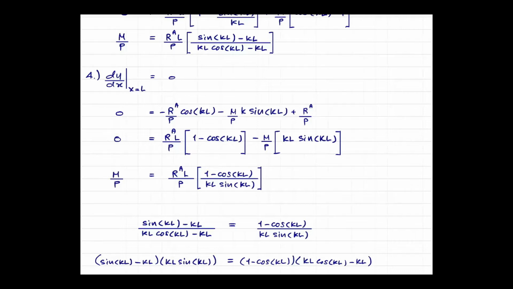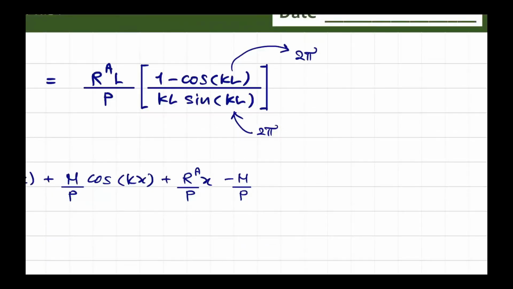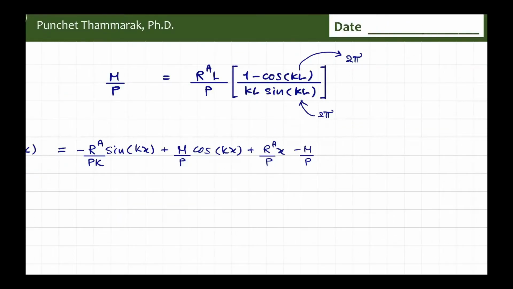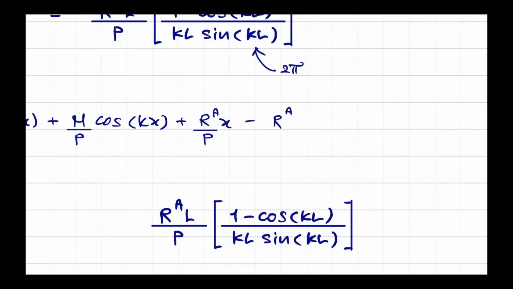Okay, what if I substitute this into the M over P? So M over P out there is substituted by this. So we have the RAL over P, 1 minus cosine KL and the KL sine KL.